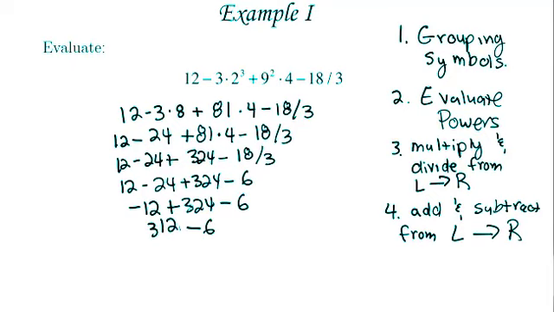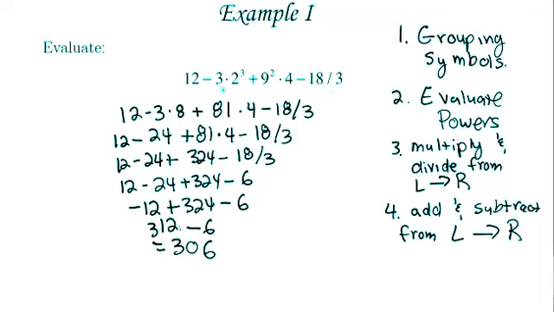So 324 minus 12 gives me 312 minus 6. And the result is 306.